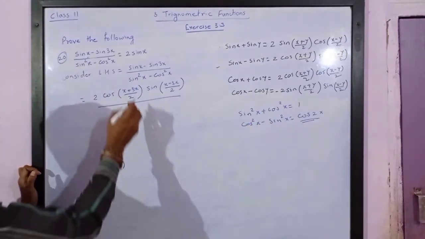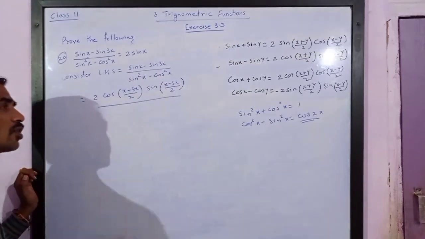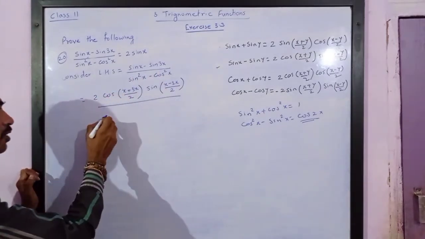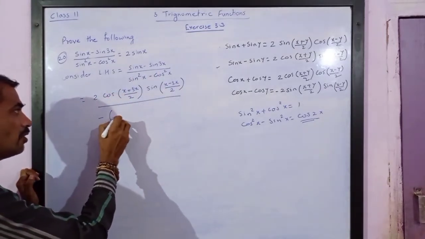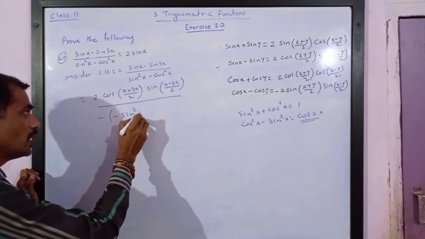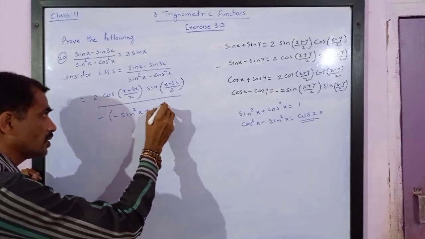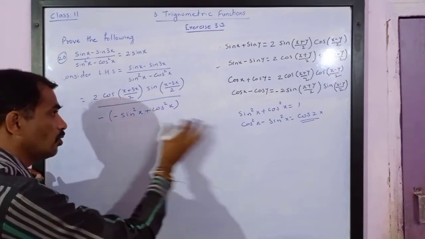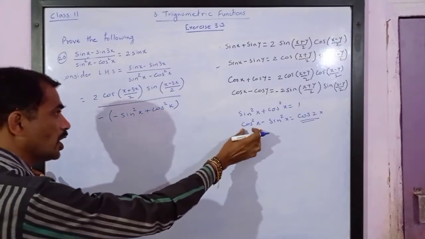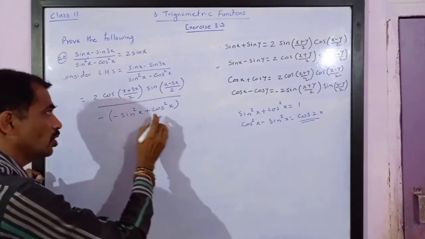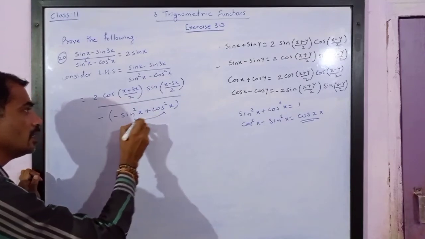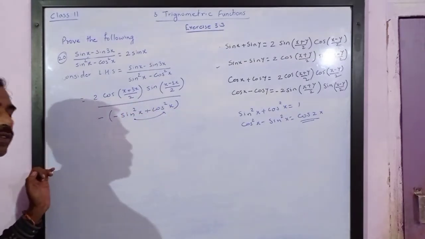Please note here, we are given sin square x minus cos square x. So if you take a negative sign common, we will have negative sin square x plus cos square x inside. Now we have got the same, cos square x minus sin square x. Only the terms are written first at the second and second at the first.